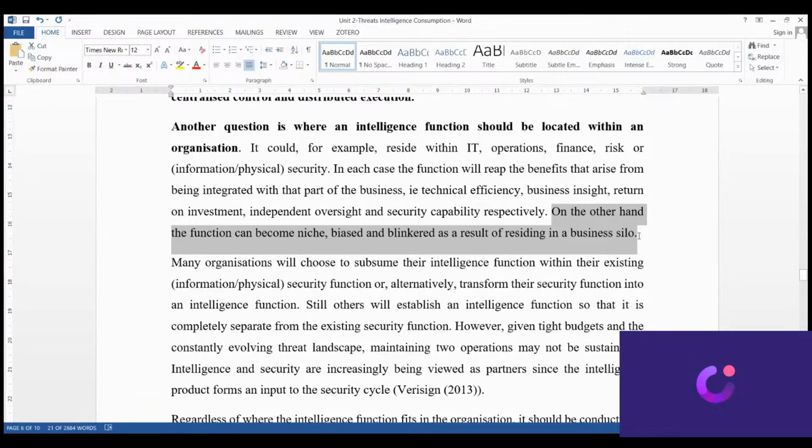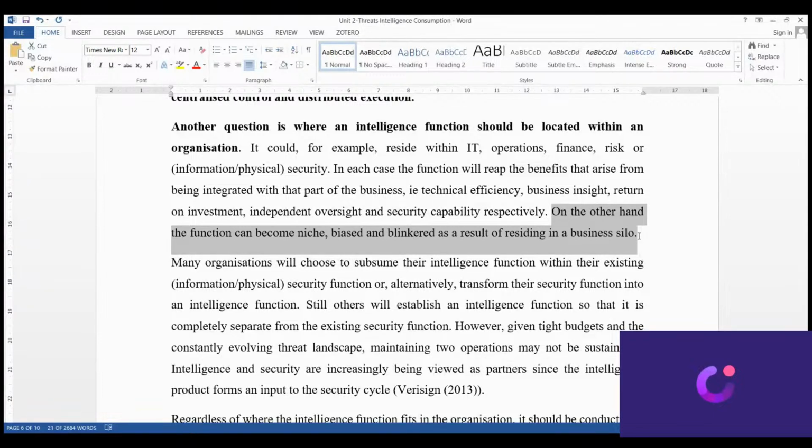Again, we are saying that despite the fact that you can reside this unit in any of the departments, this may not occur well, okay? Because other departments may feel like their aspects are not considered.